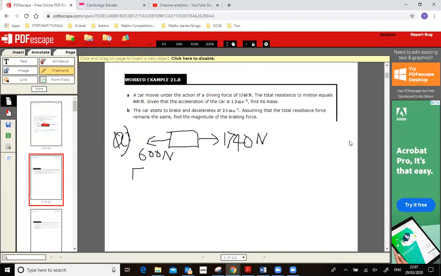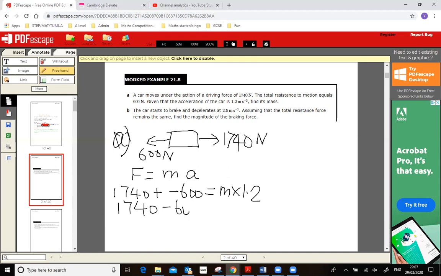So let's write down our Newton's second law: F equals ma. So 1,740 plus negative 600 equals the mass of the car, which we don't know, let's use m, times the acceleration, which is 1.2. On the left-hand side, that will just equal 1,740 minus 600 equals 1.2m.